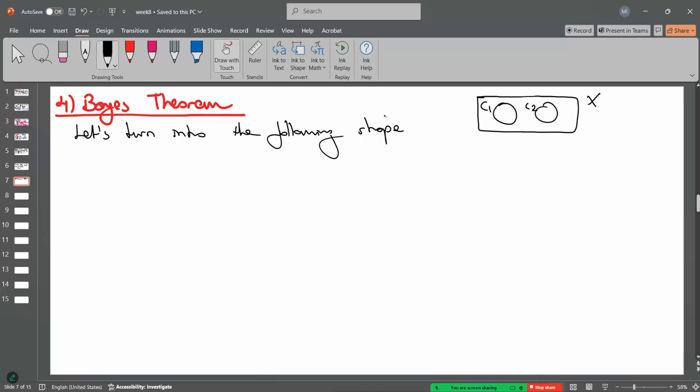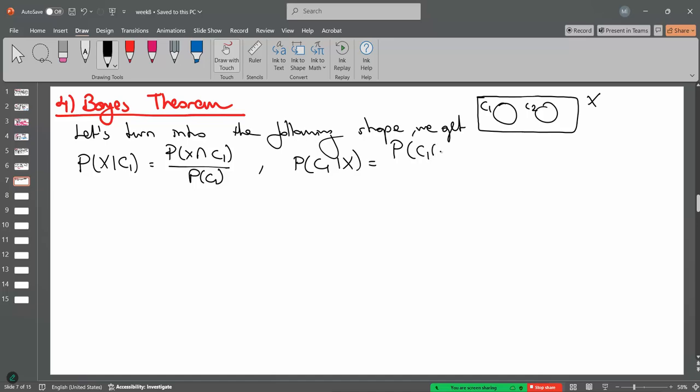This is the class. So what do we get? P(x | C1) equals P(x ∩ C1) divided by P(C1), and also P(C1 | x) can be written just like this: P(C1 ∩ x) divided by P(x). This is the basic theorem for a given conditional probability calculation.